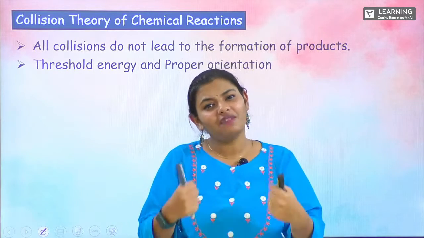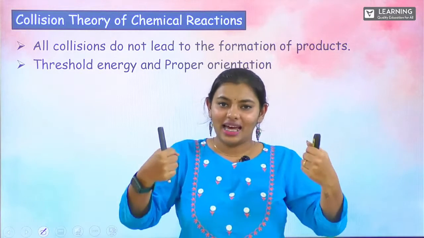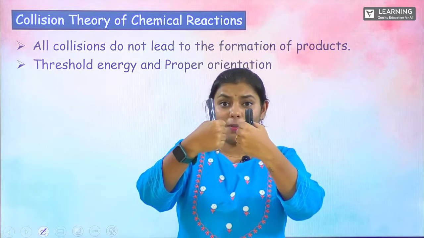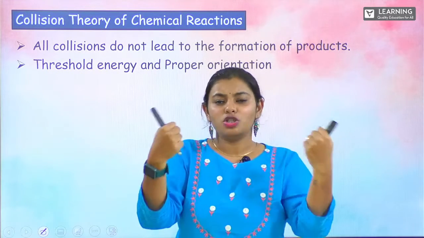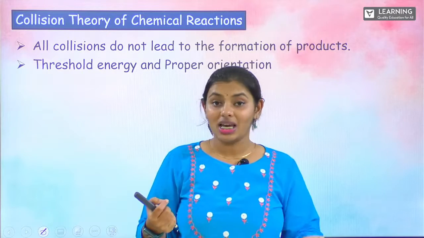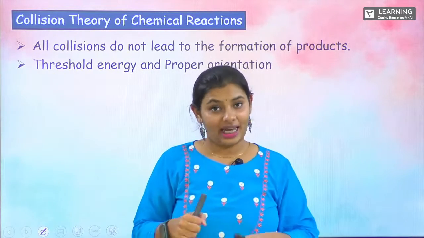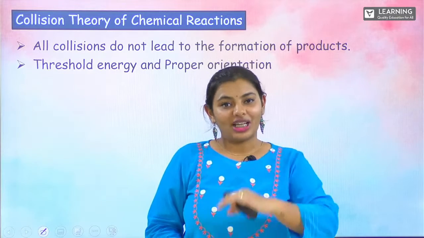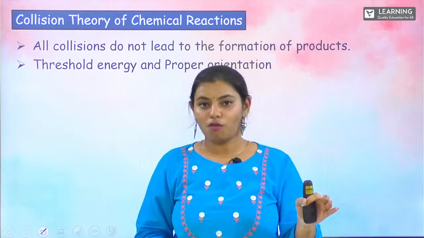If they do not have proper threshold energy, then as the molecules come close to each other, they're just touching. So with this, does the collision take place effectively? No. Effective collision is not taking place. That is one factor which tells us whether the collisions are effective or not.